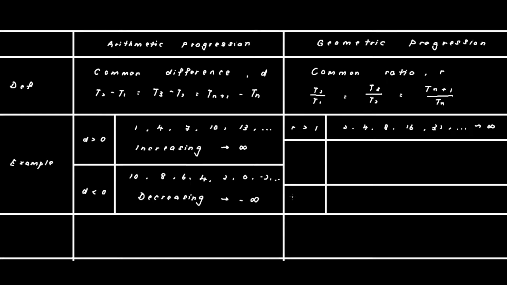Another part we have is r is lesser than -1. Let's say your r is -2, so you might have 2, -4, then 8, -16, and 32, and so on.